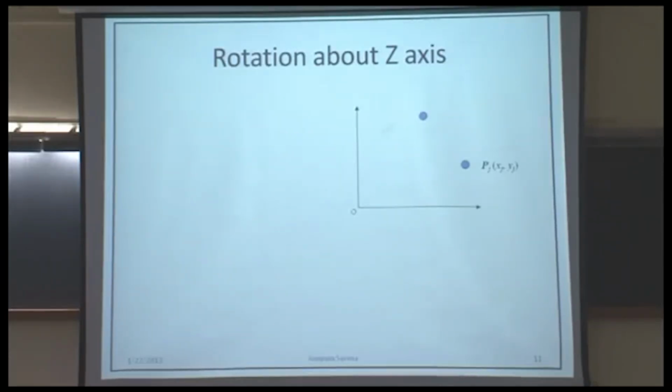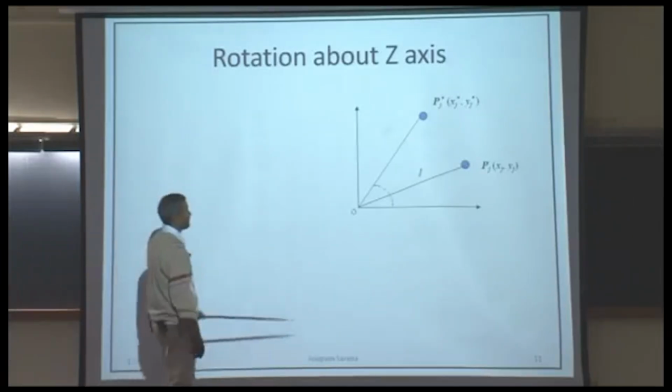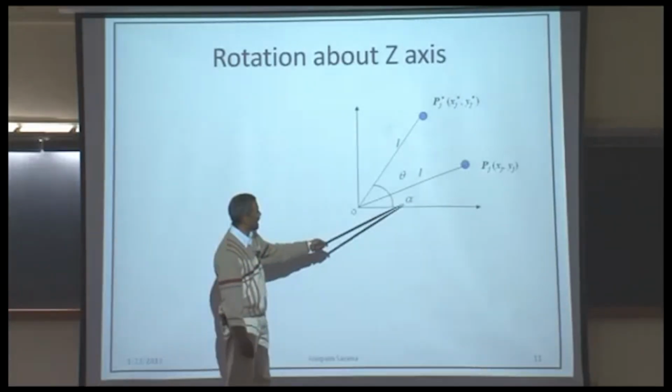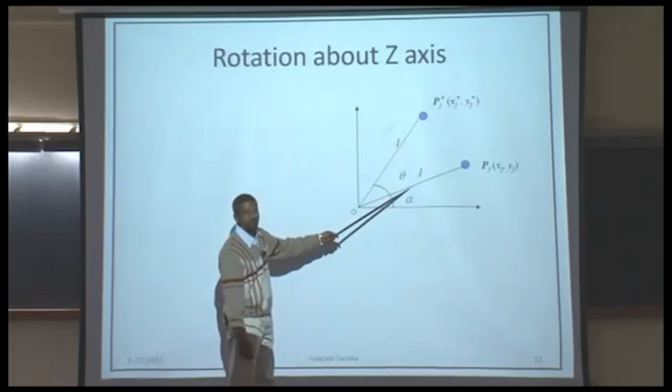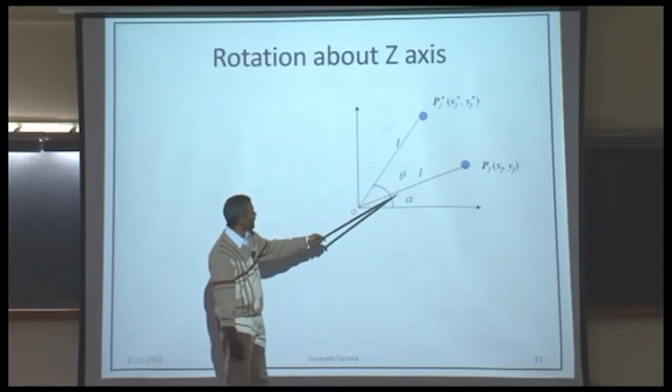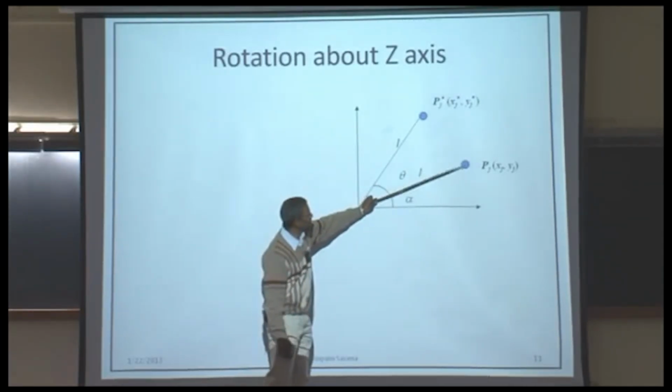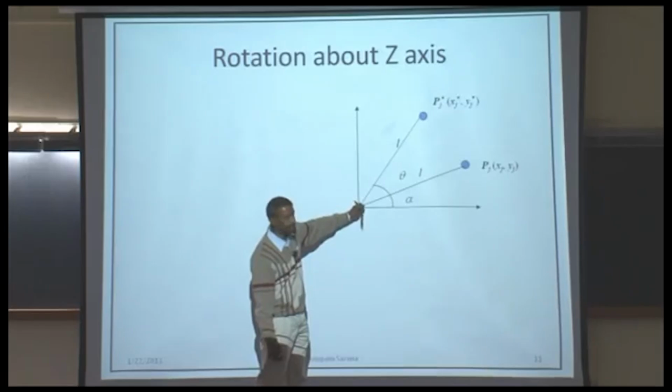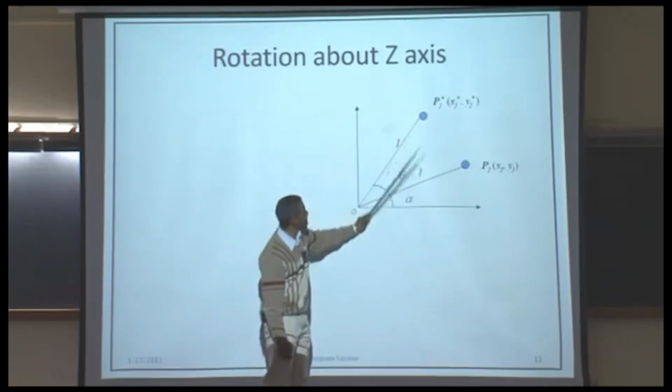So the coordinates of that point are xj and yj, the original coordinates. The new coordinates are xj star and yj star. The initial angle made by this edge OPJ is alpha. OPJ is of length L. This edge is being rotated about this axis, the axis that comes to you, by an angle theta.